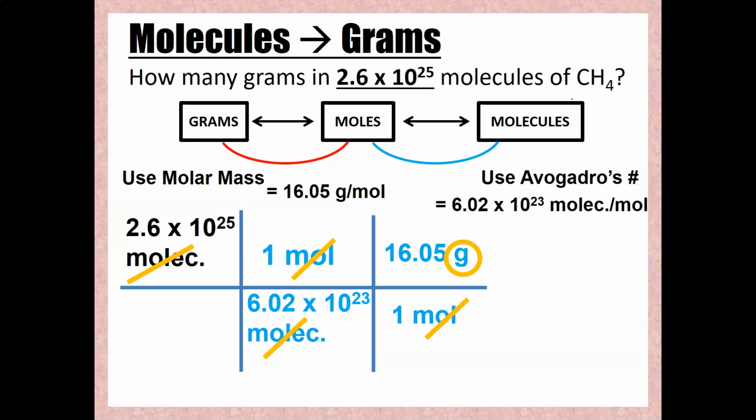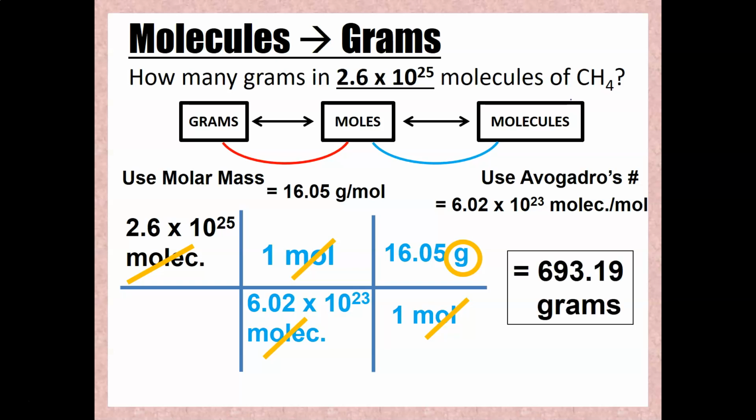Because we have that scientific notation on the bottom, we have to be really careful that we're using our parentheses in our calculator. We want to keep that 10 to the 23rd down on the denominator. We don't want our calculator confused and flipping it up to the top. So if I have 2.6 times 10 to the 25 molecules of CH4, it would weigh about 693 grams.